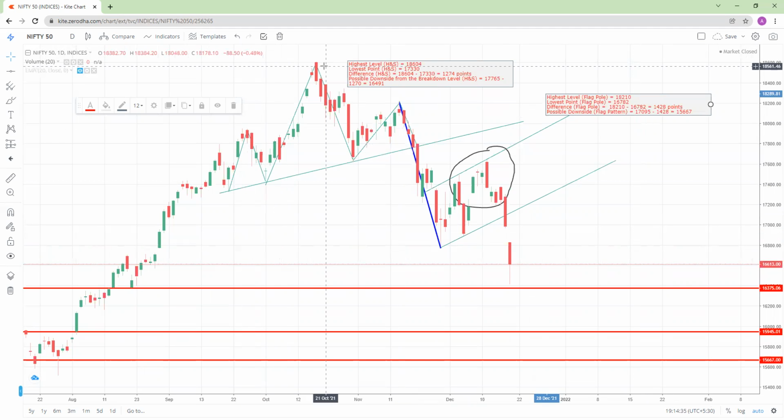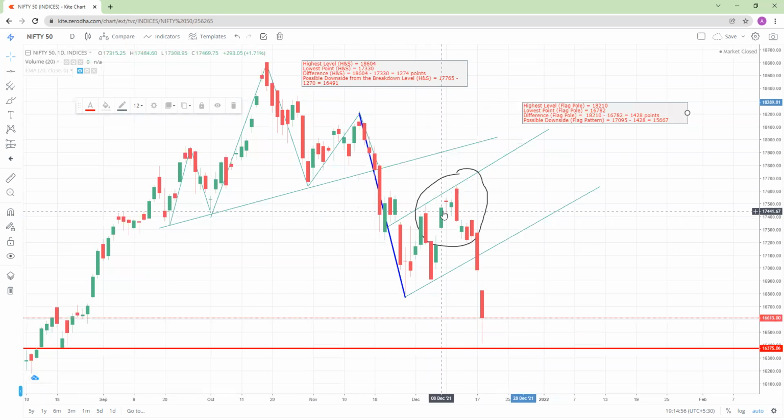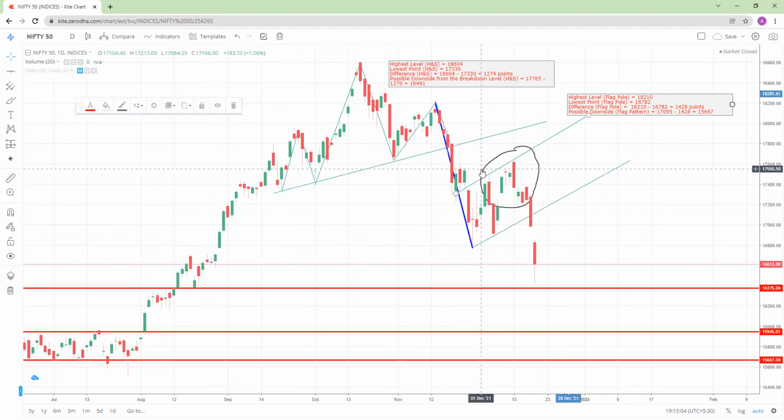We had prepared this chart when it was here, and we had information that there is a possibility that Nifty 50 may fall to 16,500, and we did intimate it to our members. But we made a mistake here, where we thought that Nifty 50 is trying to find resistance here, and it will break on the upside once some positive news comes.